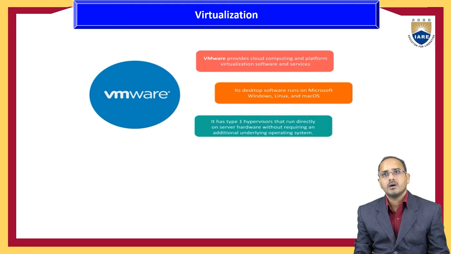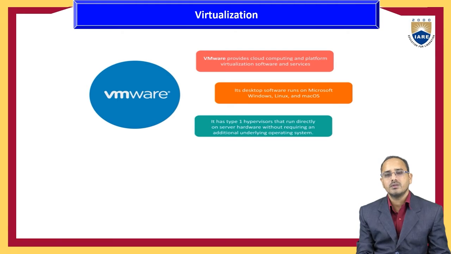So VMware is the main software, or we can say VMware is a company, a subsidiary of Dell, and it is a big giant in providing virtualization across the globe. VMware provides cloud computing and platform virtualization software and services. If you have understood the concept of virtualization, this virtualization is making cloud computing happen.